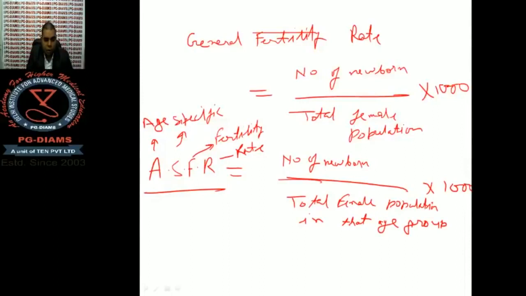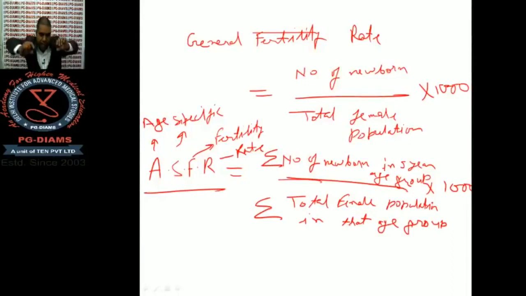So number of newborn in a 5-year age group. To calculate total age specific rate, we sum up all the population in age groups of 5. Okay. To simplify it, what we mean by age specific fertility rate is what the fertility is in females who belong to age group 20 to 25.